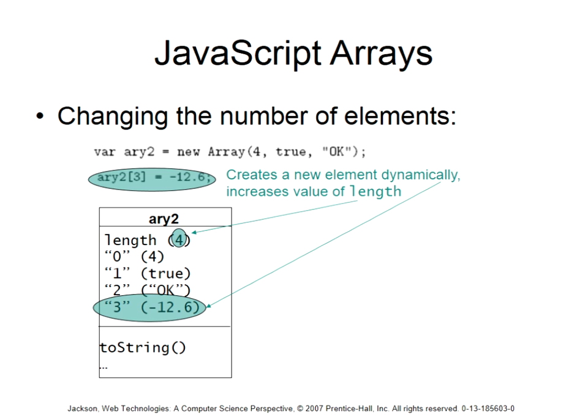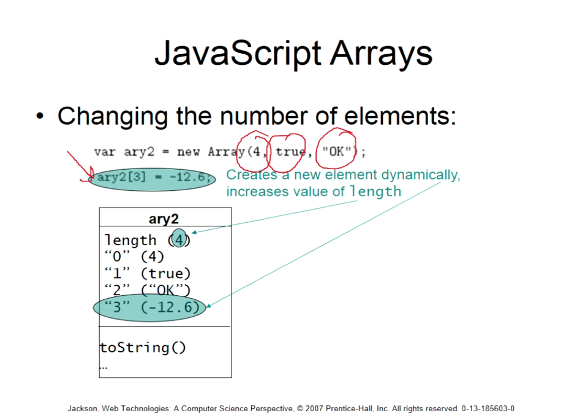So in my array, how many elements do I have? I have 1, 2, 3. The first one is array2[0], array2[1], array2[2].